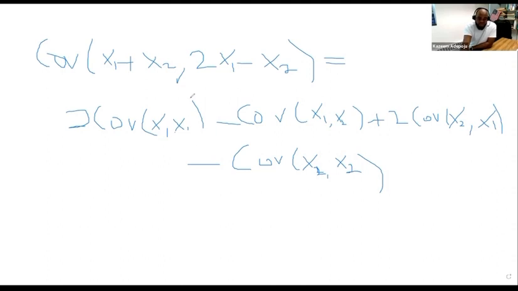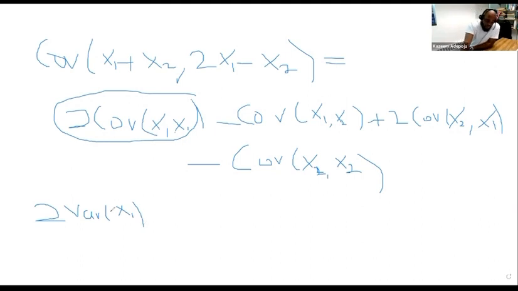So this is what you have. But you know what? When you have the covariance of x1, x1, that's a variance. This is going to be 2 variance of x1. So minus, of course, this is a covariance.